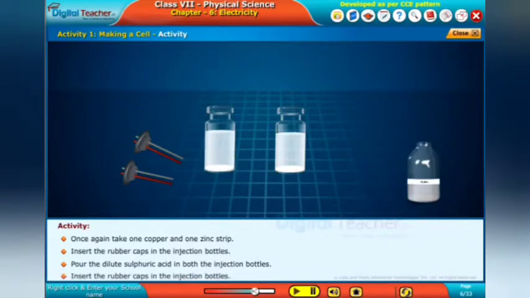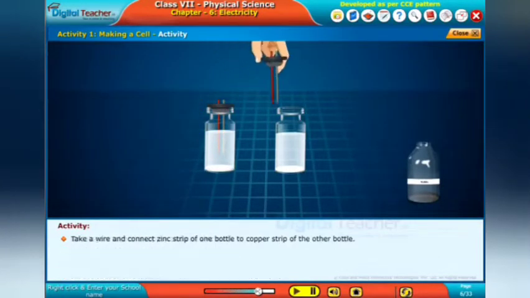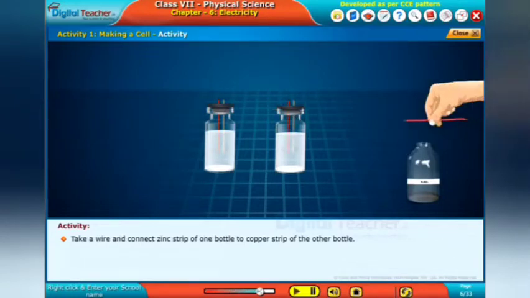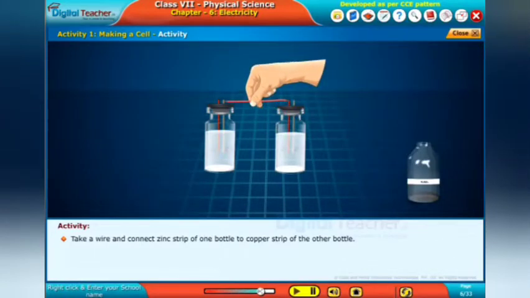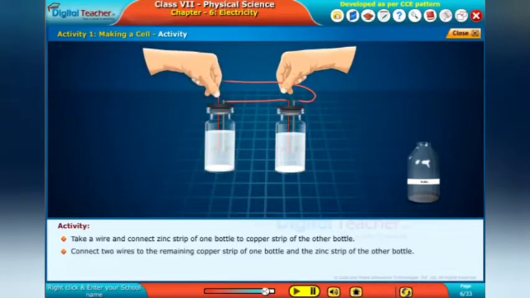Insert the rubber caps in the injection bottles. Take a wire and connect the zinc strip of one bottle to the copper strip of the other bottle. Connect 2 wires to the remaining copper strip of one bottle and the zinc strip of the other bottle.